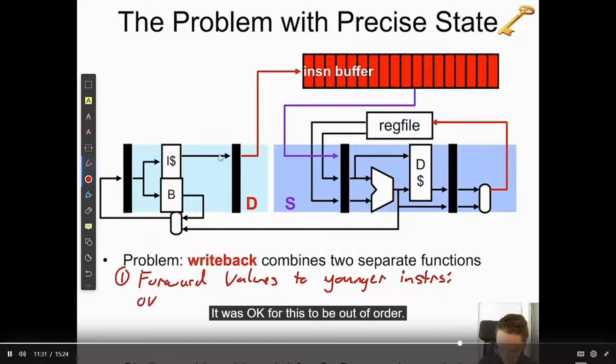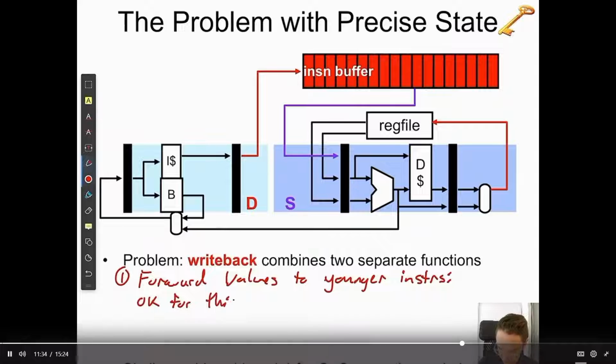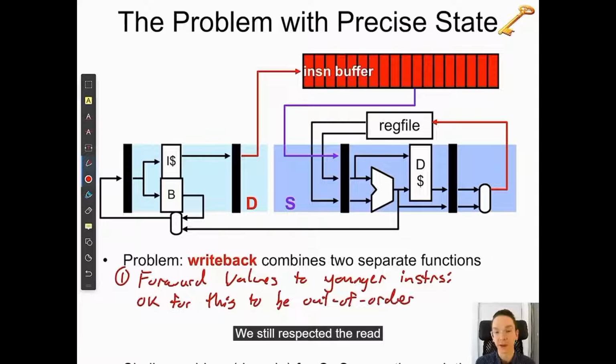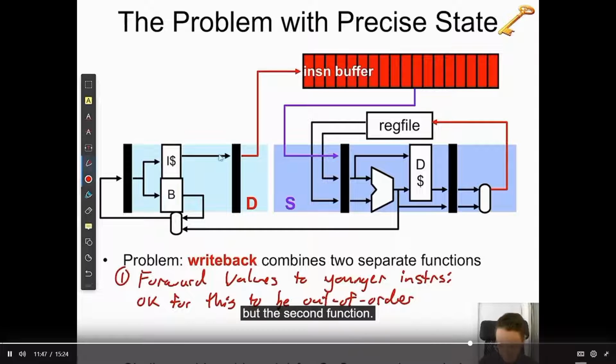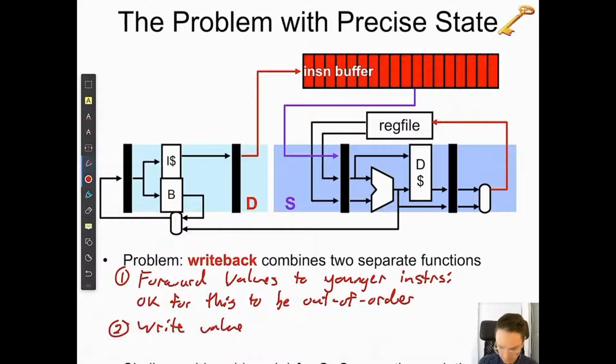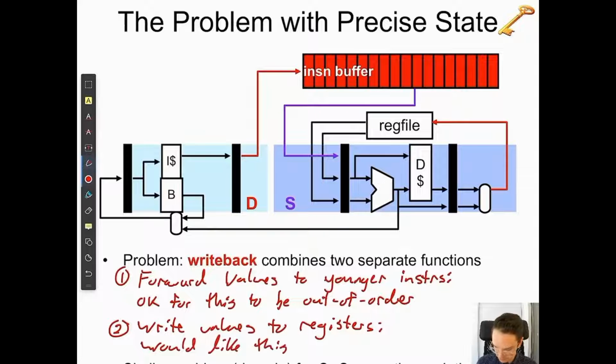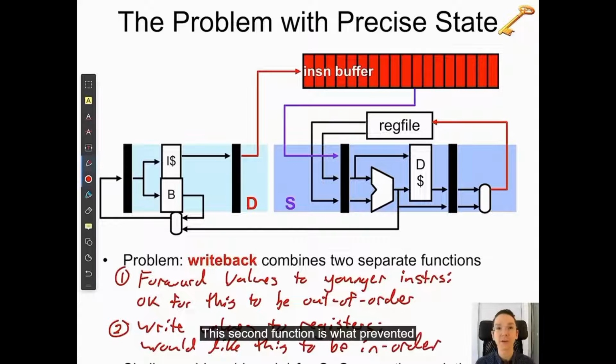It was okay for this to be out of order. But the second function was to write values to the registers, and this is the feature that we would like to be in order. This second function is what prevented us from implementing precise state.